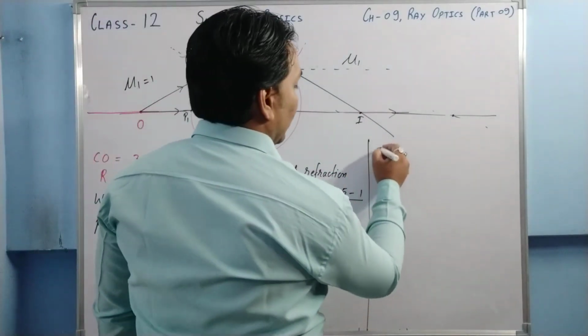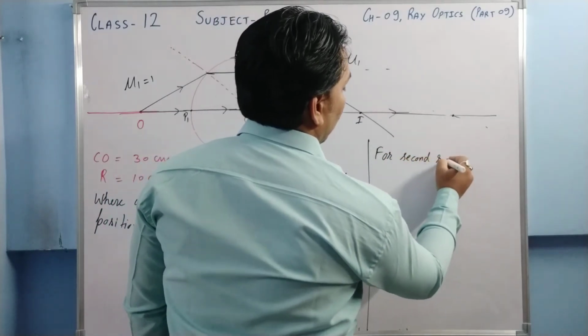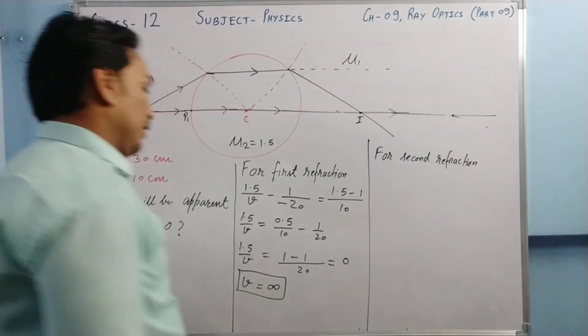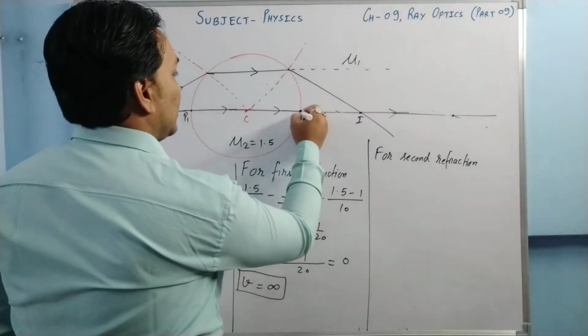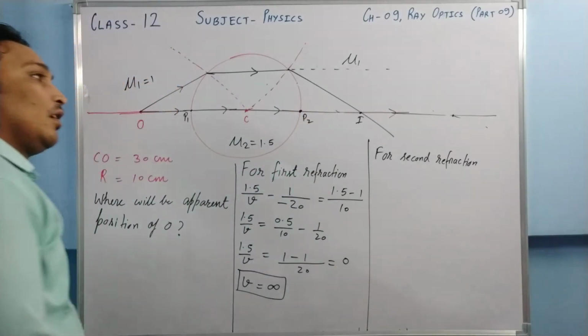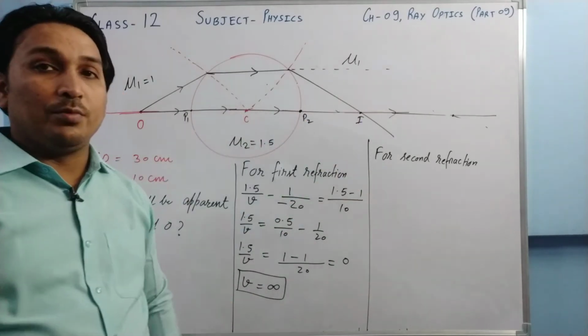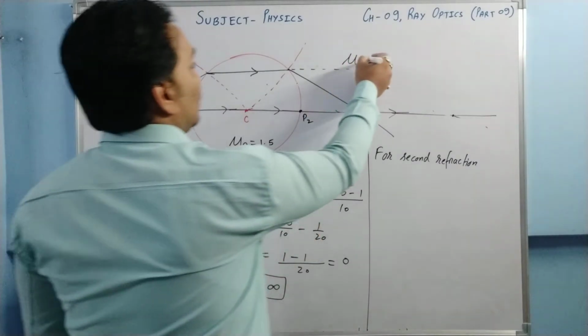Now for the second refraction, say this is our pole, all the distances will be measured from the pole only. The ray of light is moving from this medium to this medium, so this medium is going to be our second medium and 1.5 is going to be our first medium. mu2 is 1, it is here.